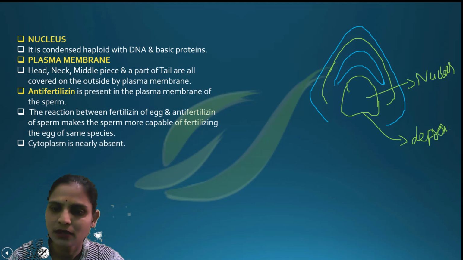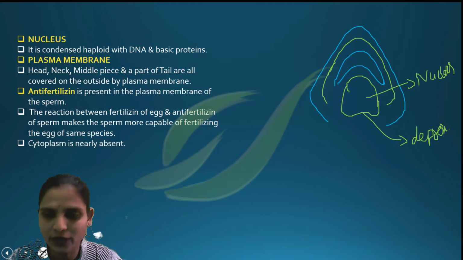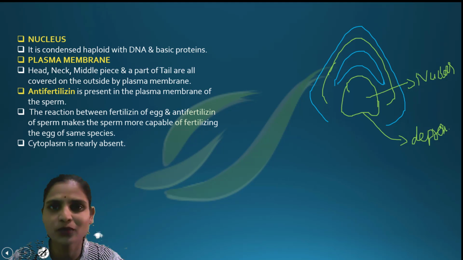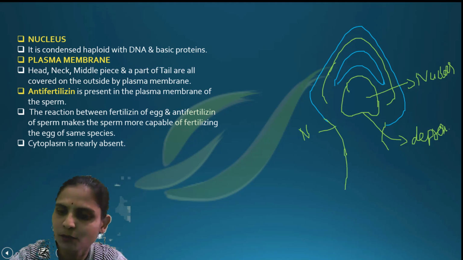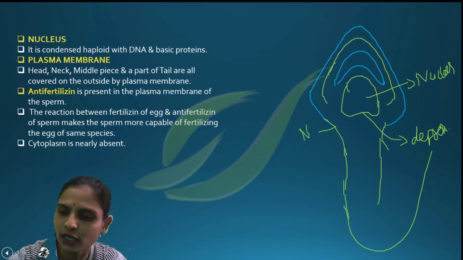Next is the plasma membrane. As we all know, the plasma membrane is a protective membrane which covers the head part, the neck, the middle piece and a part of the tail.